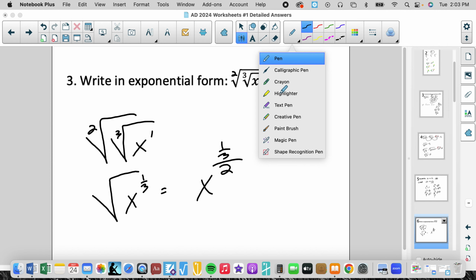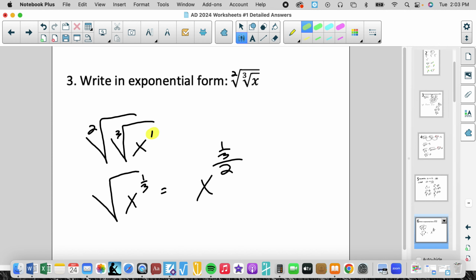So let's see where these values start going. So this is the power. So that's that to the third. So this just got rewritten. All I did was rewrite this inside part, and that converted to that. And now we can show that that's a 2.